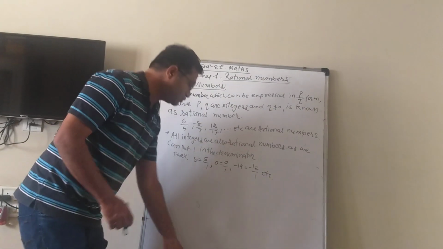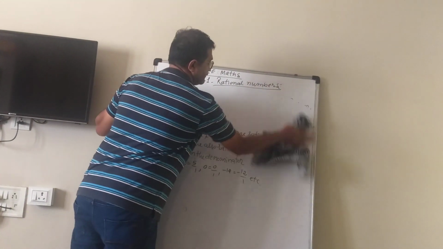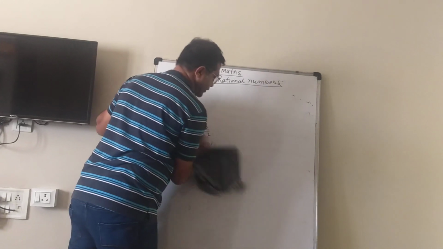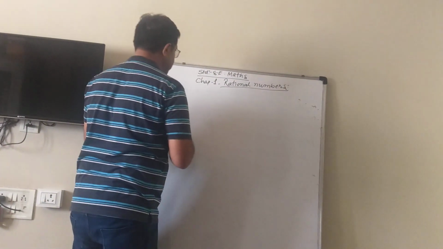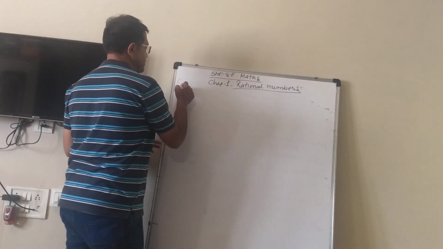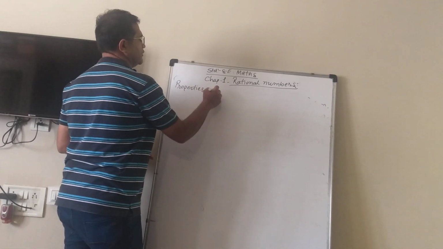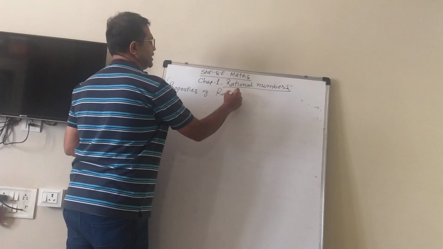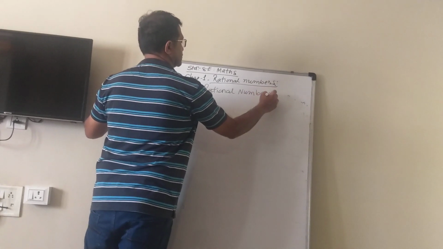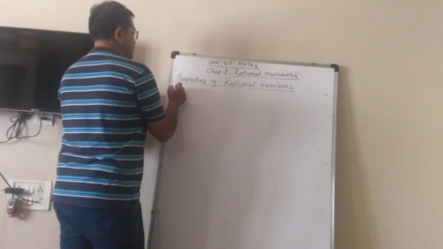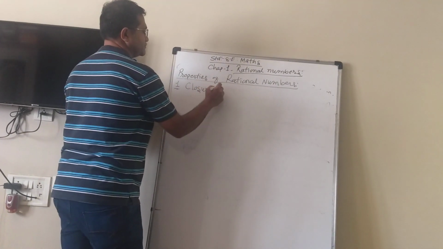Now, we are going to learn some properties of rational numbers, one by one. First of all, we are going to learn the closure property.